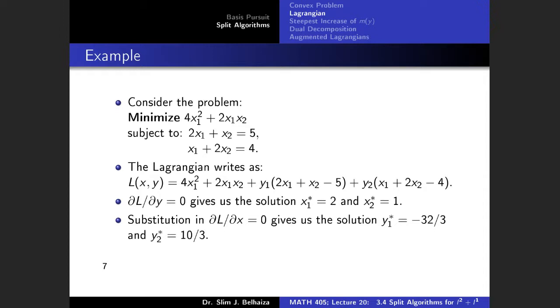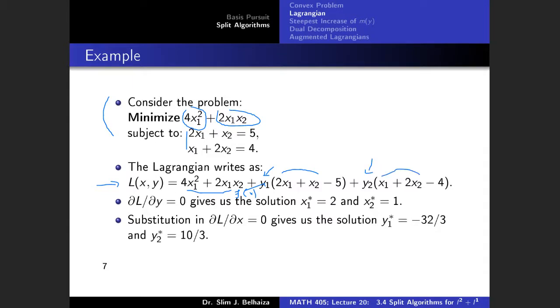We had to minimize 4x1 squared plus 2x1 x2 subject to 2x1 plus x2 equals 5 and x1 plus 2x2 equals 4. This is how the Lagrangian was written. As you can see, this is f of x, and here I add my Lagrangian multipliers multiplied by each of the corresponding linear equations.